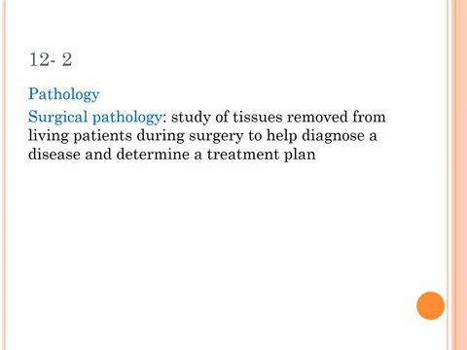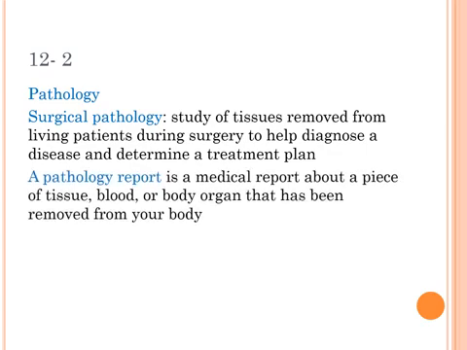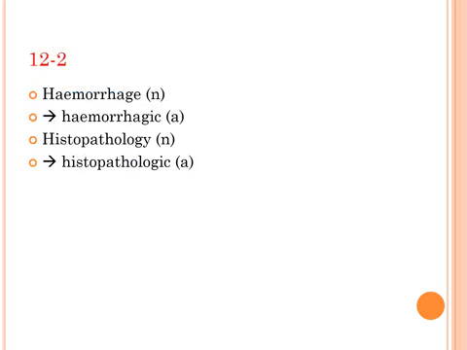Pathology is the study of diseases, but surgical pathology is related to the examination of tissue removed from living patients to identify a disease and determine treatment plan. And a report. After the examination, we've got this kind of report.